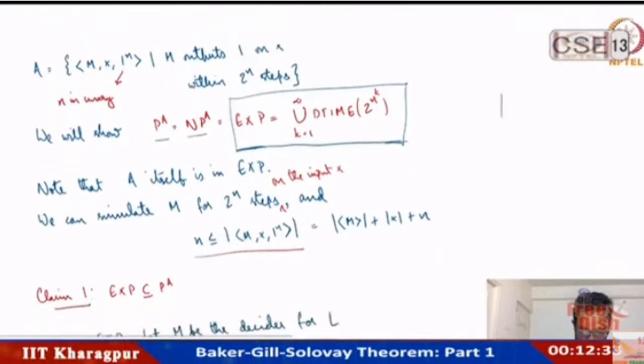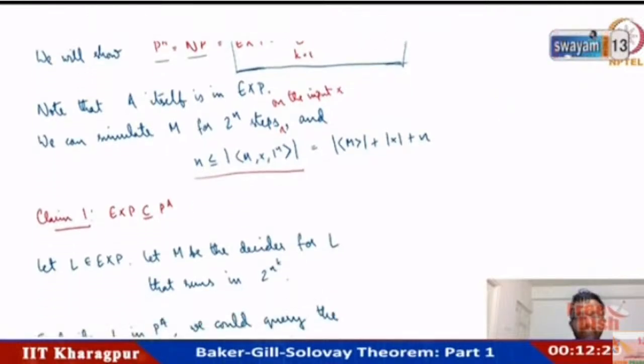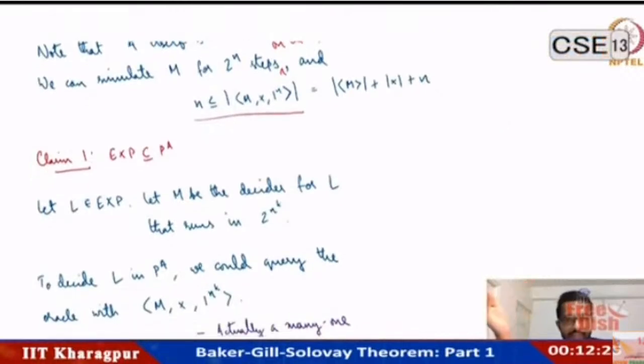Okay, let's see why. So first of all, we will show that EXP is contained in P^A. So as I have said in the previous lecture, whenever we have a containment like this to show, we take an arbitrary language from the left hand side and show that this belongs to the right hand side. So let L be an arbitrary language in EXP time.